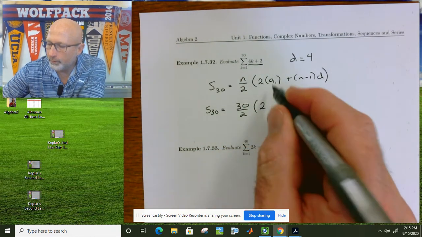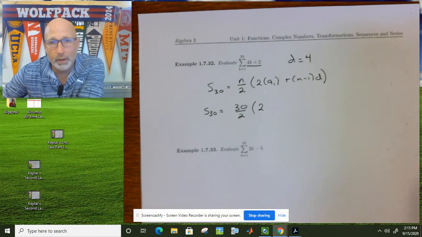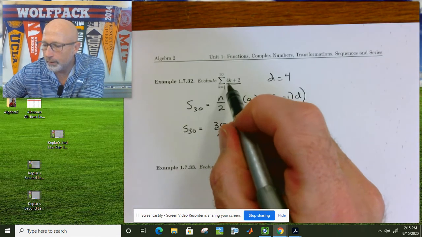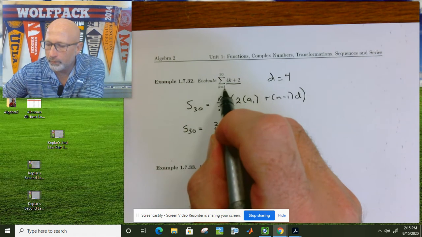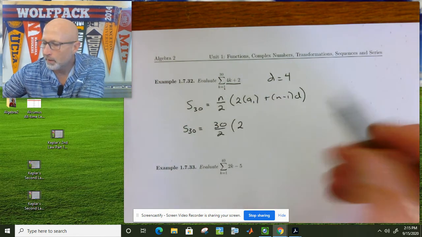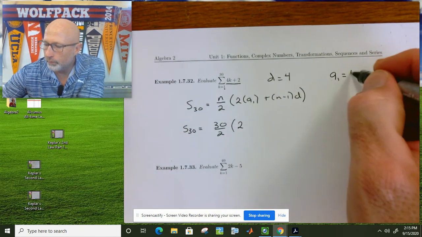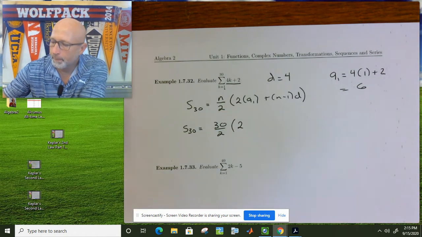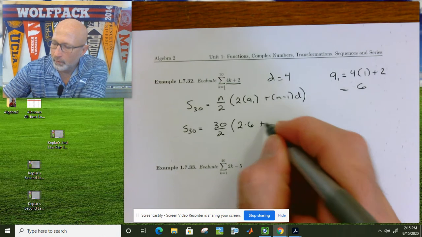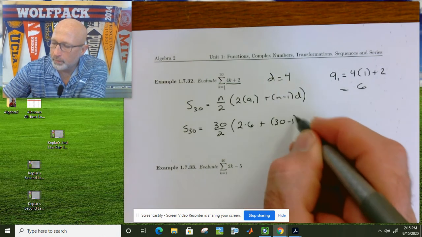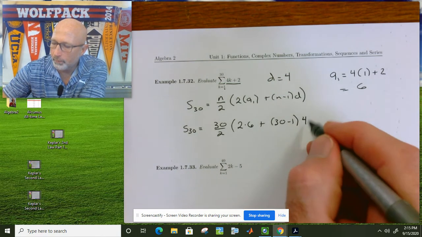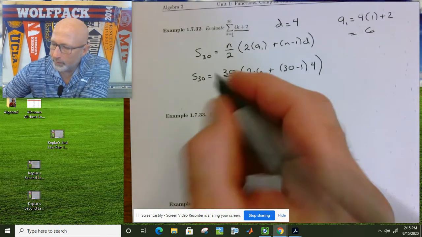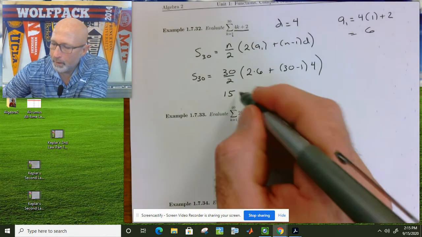So the sum of the first 30 terms is equal to 30 over 2 times 2 times a1. Now, how in the world am I going to figure out what a1 is? A1 is what I get when I plug 1 into this equation. So a1 is equal to 4 times 1 plus 2, which is equal to 6. So times 6 plus 30 minus 1 times the common difference, which is 4. And then I just have to work it out.